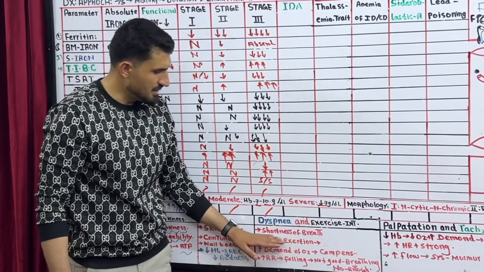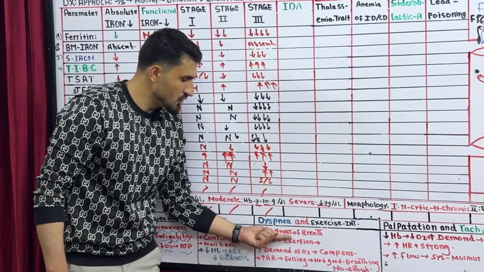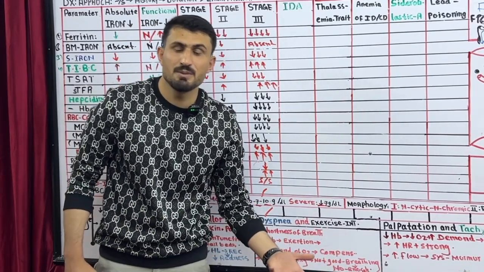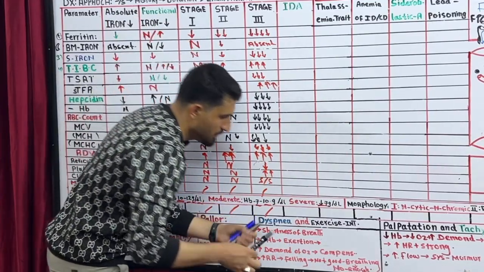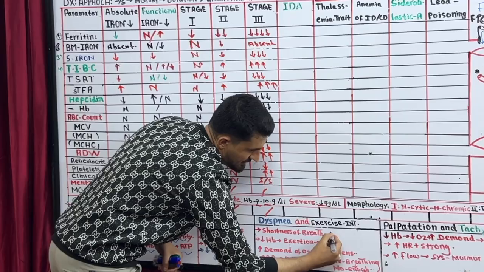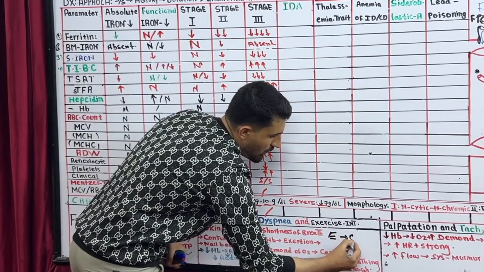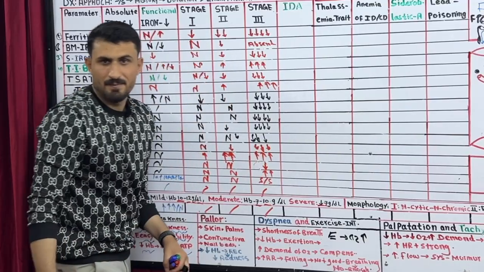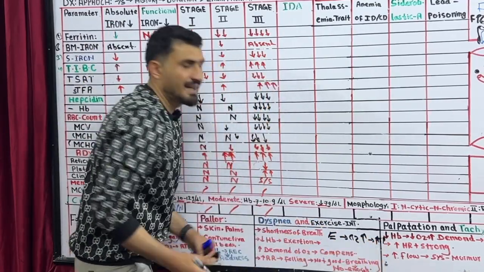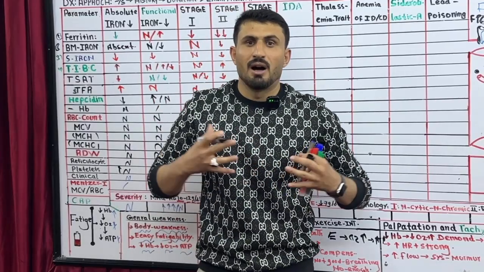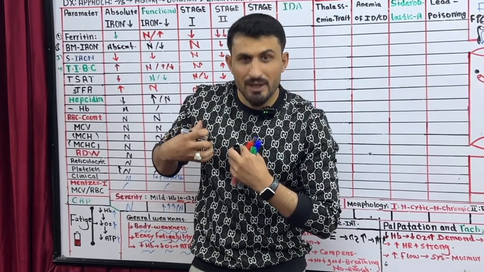Patient tells you that during the exercise, I produce shortness of breath. It means that when the patient exercises, oxygen demand increases, so ATP demand increases, so the body as a compensatory mechanism increases heart rate, and also increases respiratory rate.